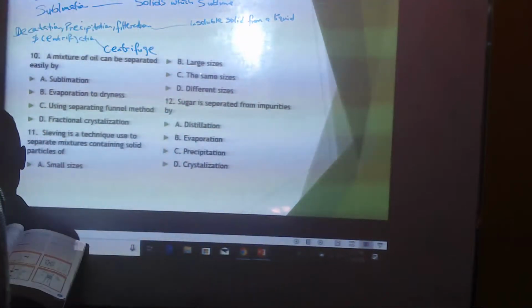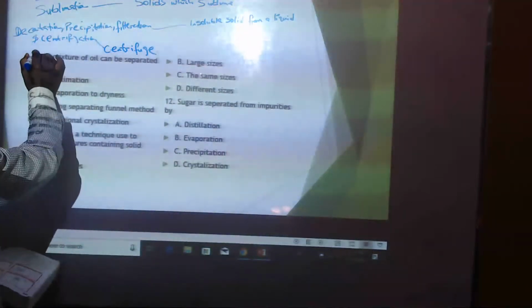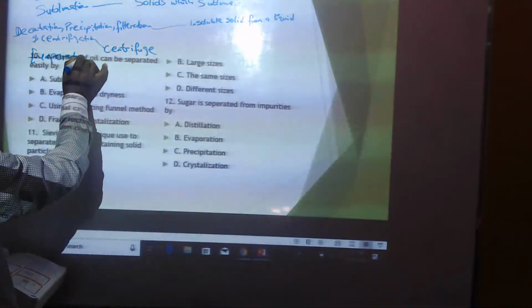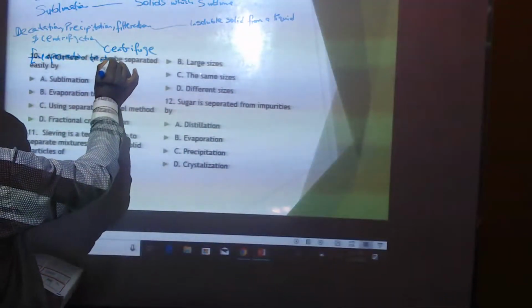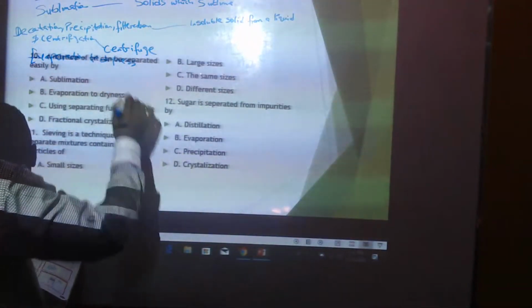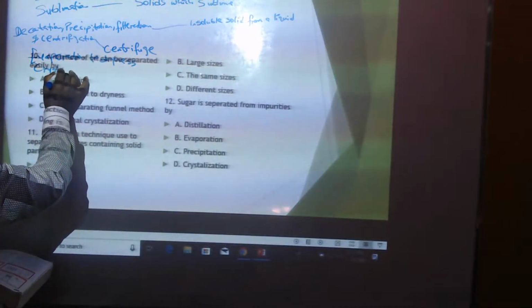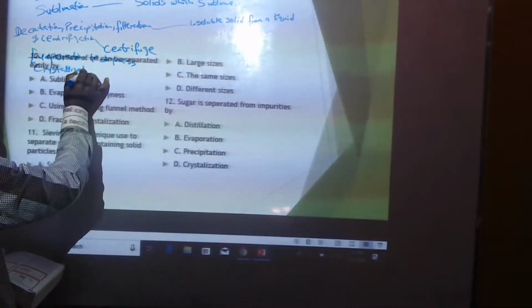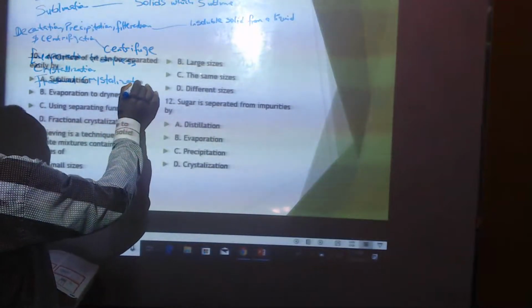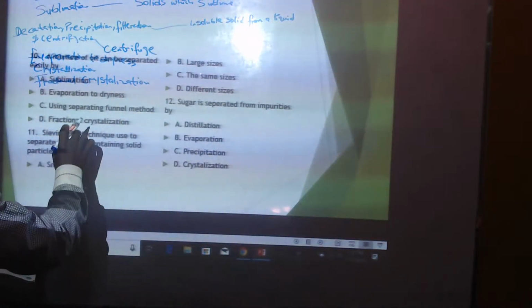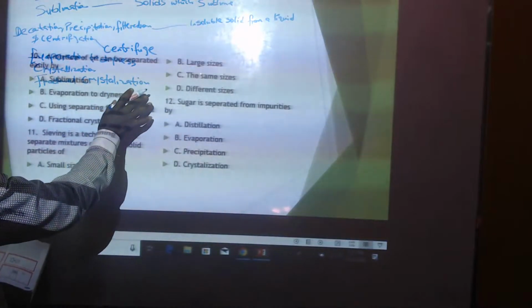Now, evaporation to dryness, crystallization, and fractional crystallization.